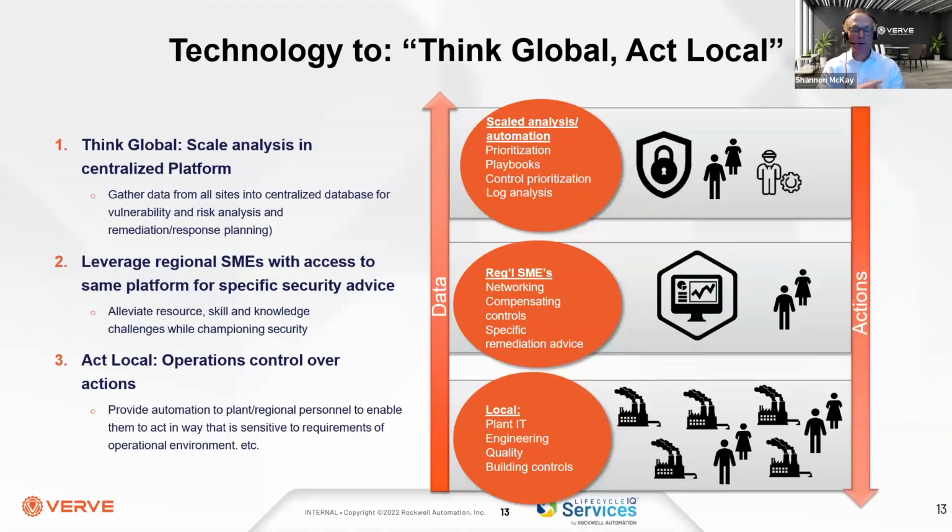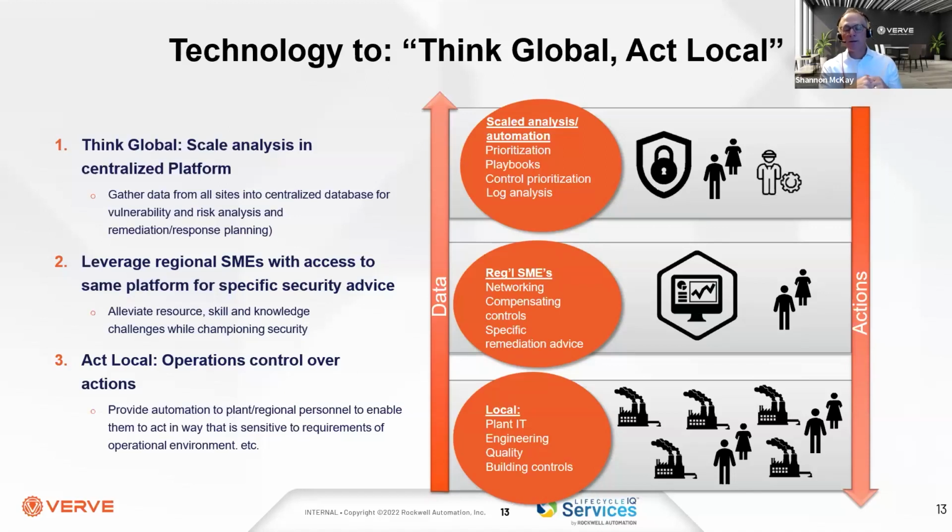And then when you think about the different areas here in terms of the local plant, we talked about the resourcing on the right side here. At the local level, you've got plant IT, engineering, quality, et cetera. At the top level, where you've got the global centralization, you've got the activity around prioritization, best practices, policies, controls, pushing playbooks.